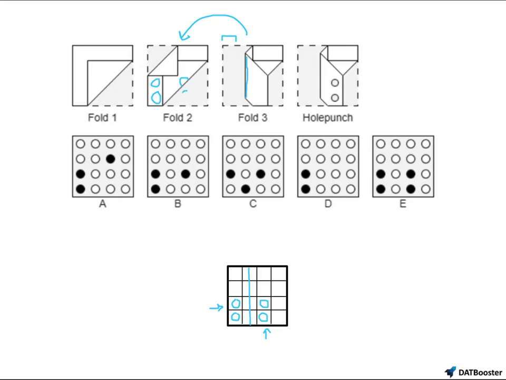The other one is floating in space. There's no paper there after that fold was made. So this is very rare, but when this happens, we need to erase that hole. Or what I do is just place an X over it with our marker.